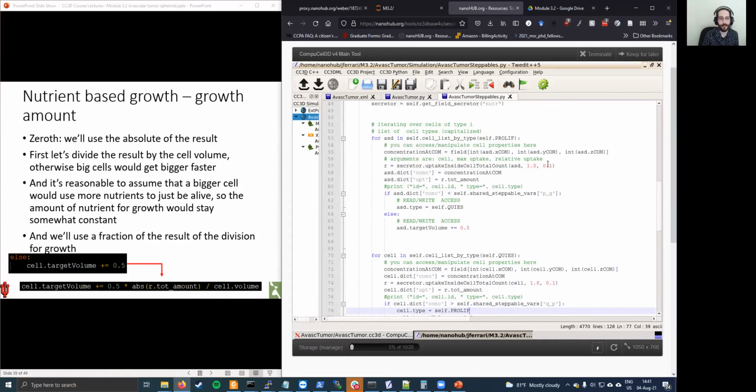So what I'm going to say conc is instead of being the result total amount, it's going to be, uptake is negative because it's reverse of secretion, and secretion is positive. It's going to be the absolute value of the result. That way you get rid of the negative. And I'm going to divide that by the cell volume.